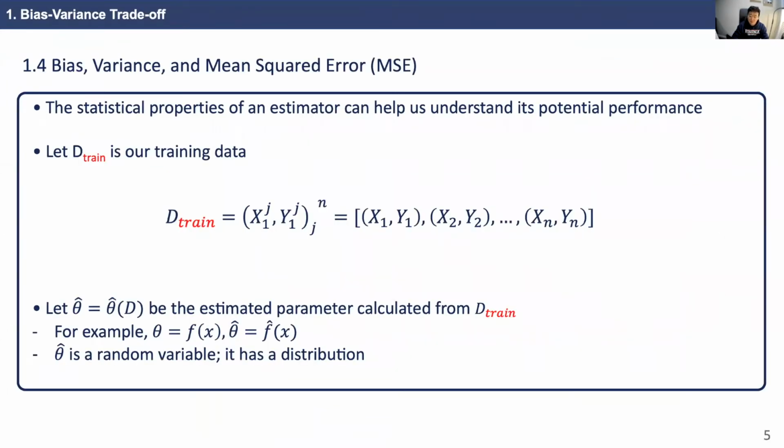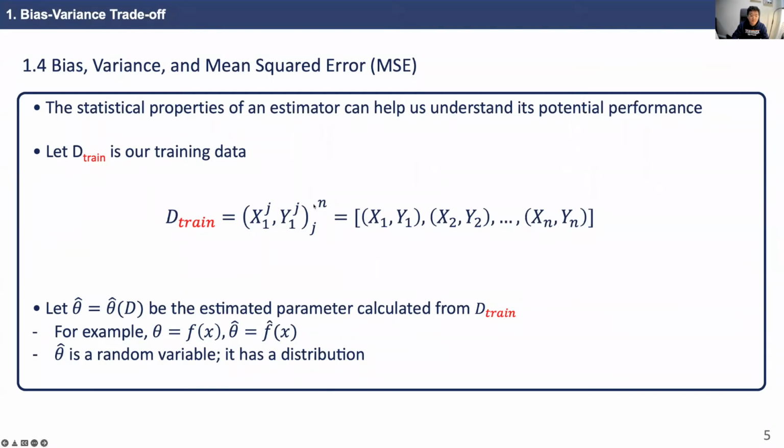So the statistical properties of an estimator can help us understand its potential performance. Let D training be our training data, and let theta hat be the estimated parameter calculated from the training data.